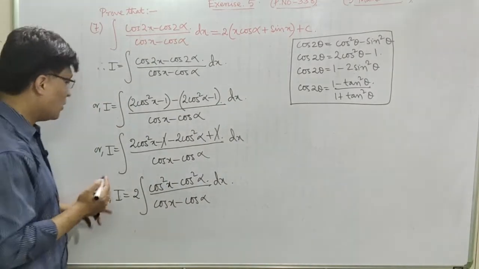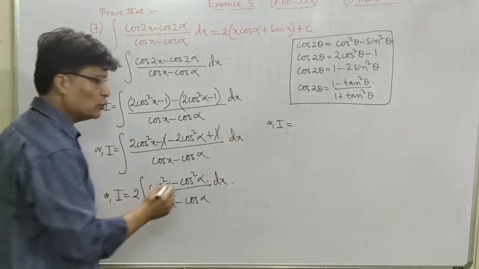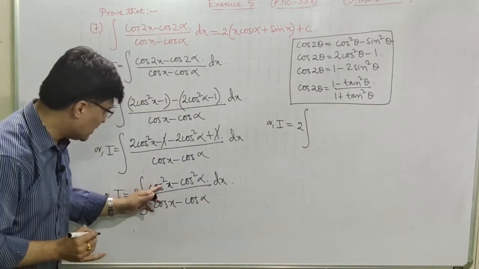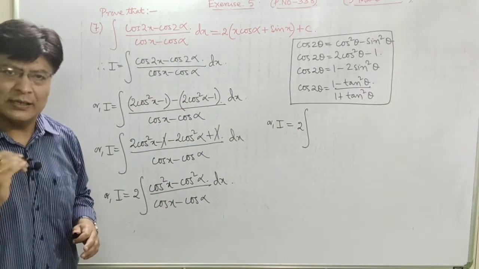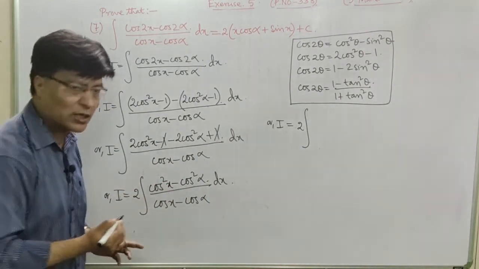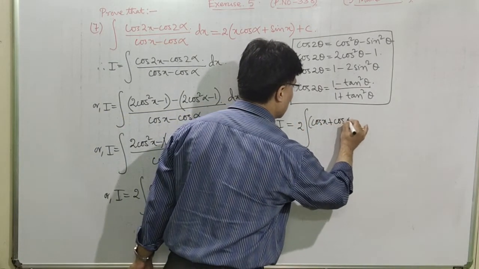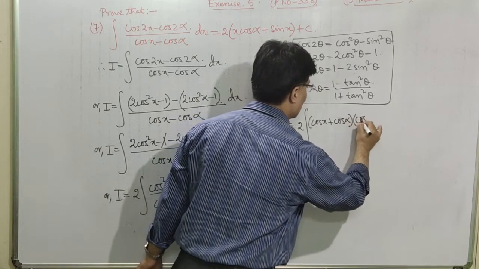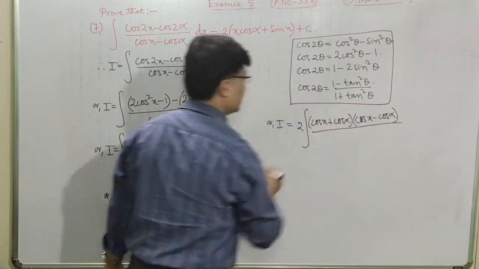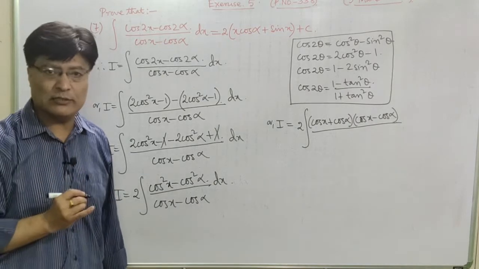Okay? So or I is equal to 2 into integration of. Now this is your a square minus b square. So what is the formula? A plus b into a minus b, right? Here a is cos x and b is cos alpha. So let us write here a plus b, cos x plus cos alpha, a minus b, cos x minus cos alpha, bracket closed, divided by, and in the denominator keep the expression as it is, right?